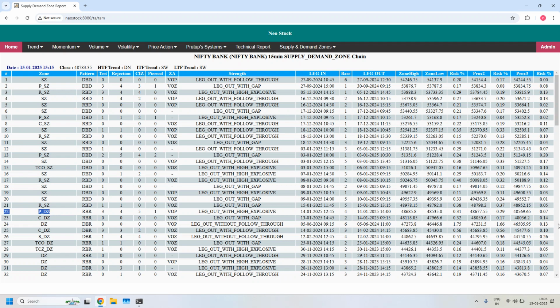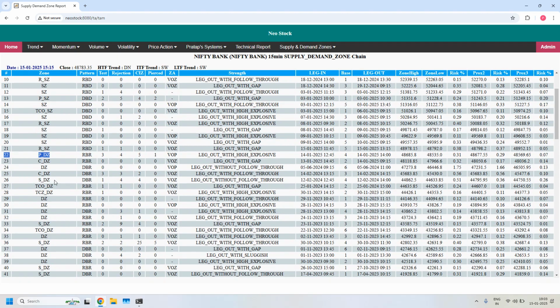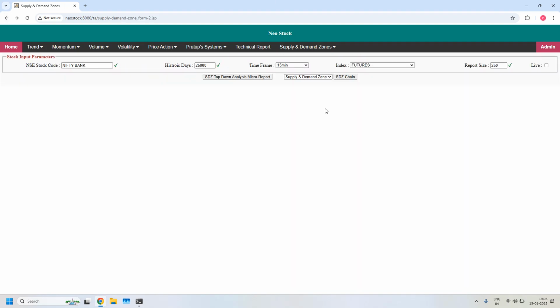So this is the demand zone. So that more demand zones you can view. Next, 5 minutes supply demand zone chain for Bank Nifty.